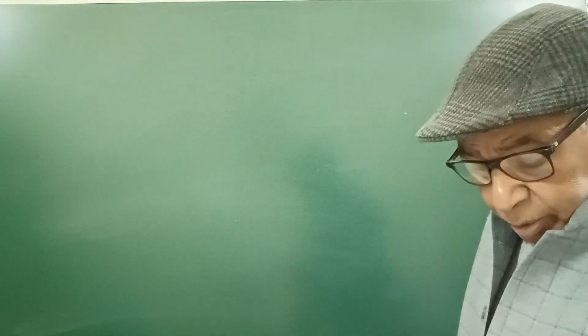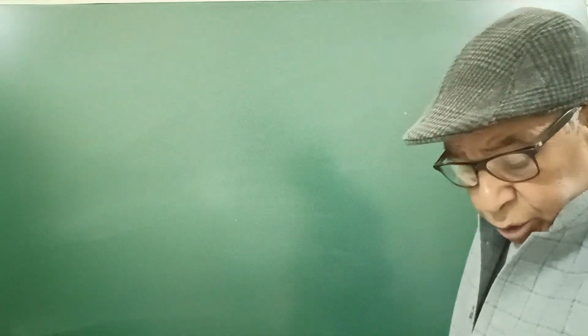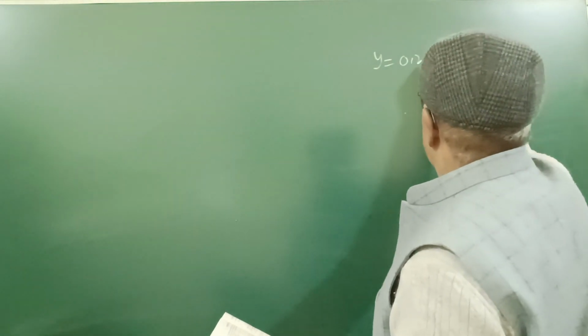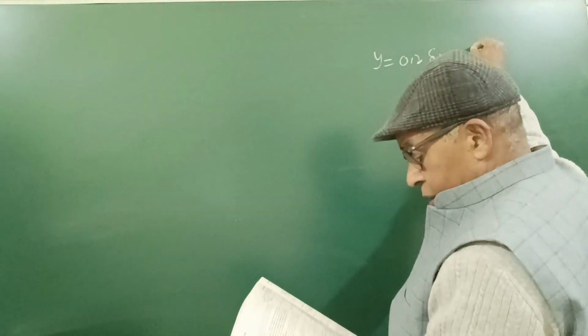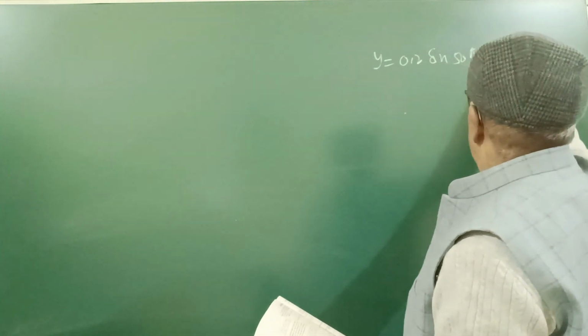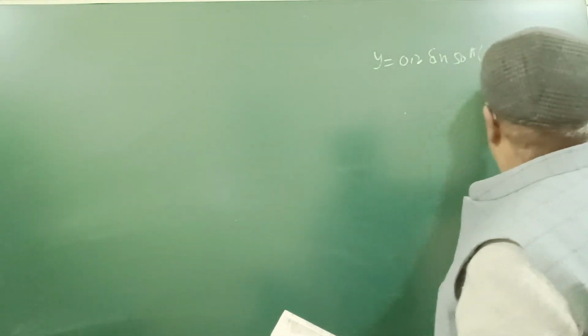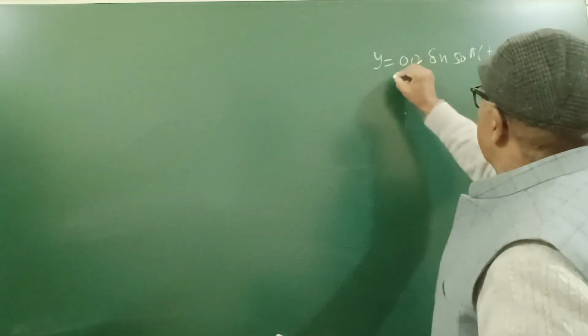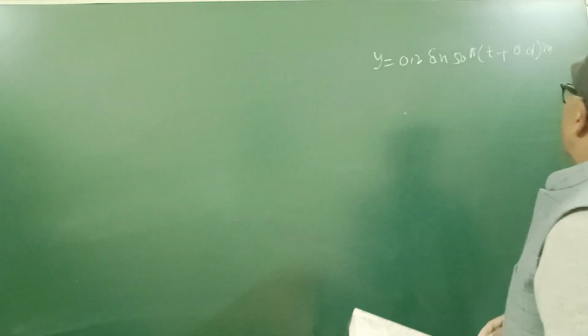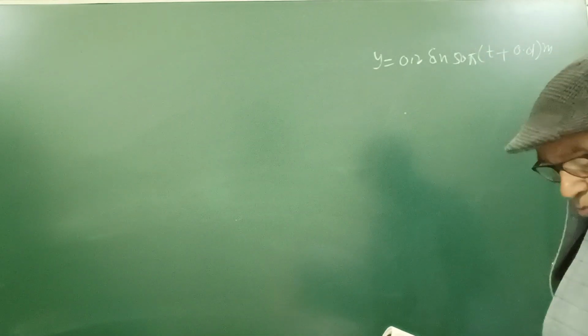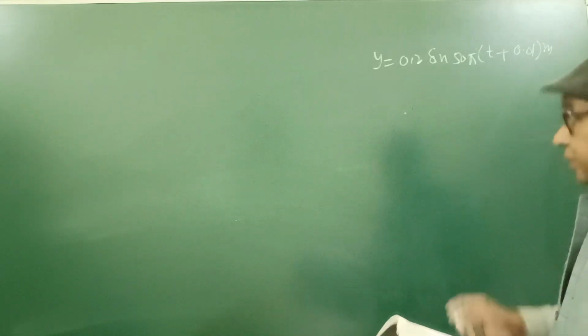The displacement equation of a particle in SHM is given by y equal to 0.2 sin(50 pi t plus 0.01) meter, with displacement in meters and time t in seconds. Y is the displacement at time t.